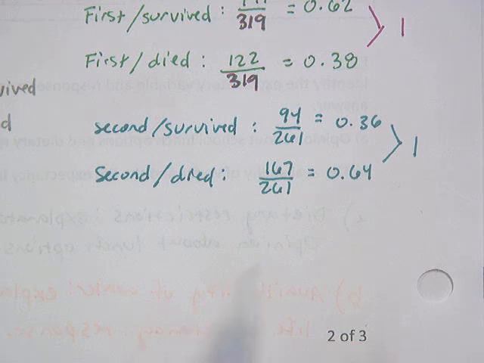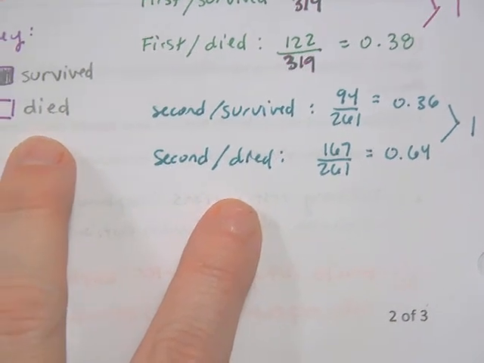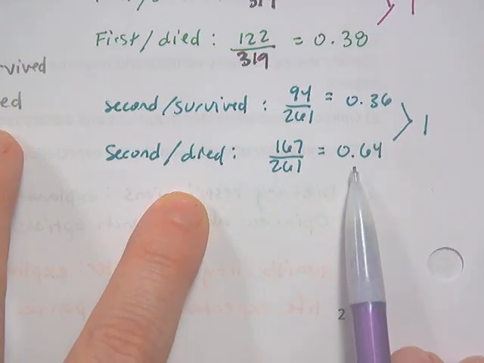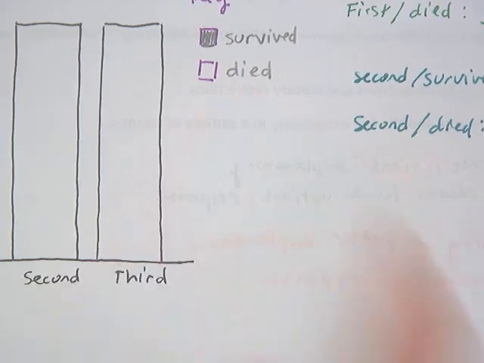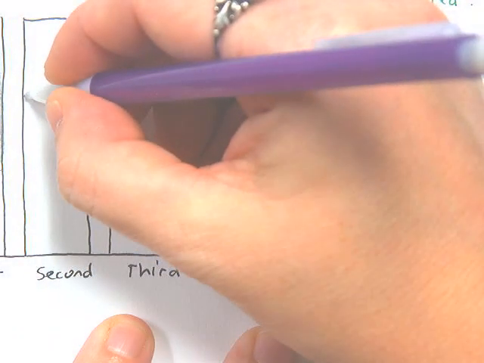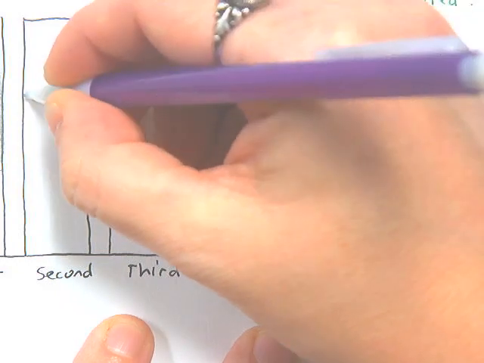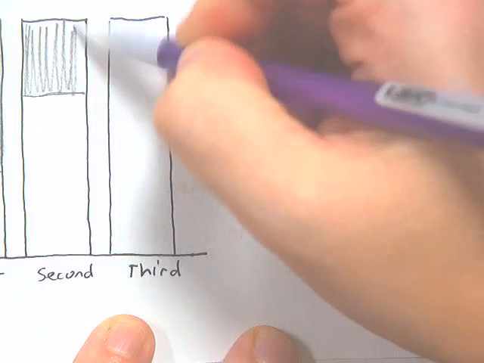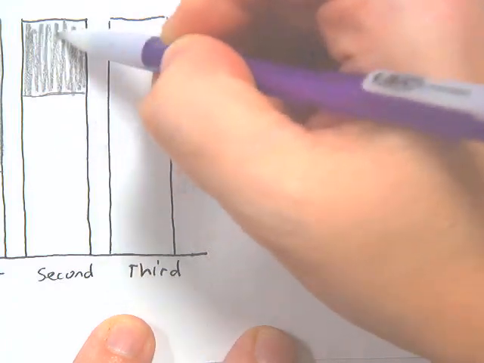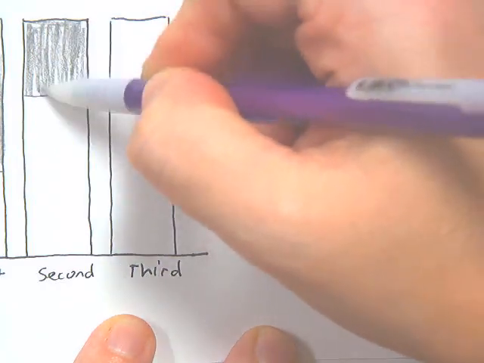Now I'm going to go to the second class bar and I'm going to divvy it up accordingly. The bottom part, the blank part for died, is going to go up to 0.64, and then everything above that will be shaded. So 0.64. And without the key, I wouldn't know what segment represented what.